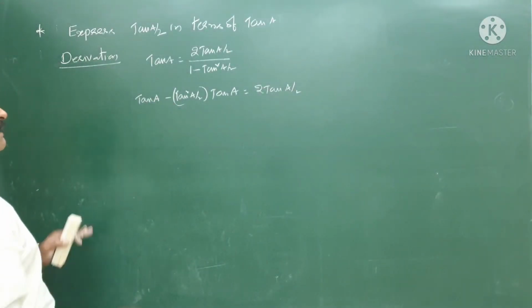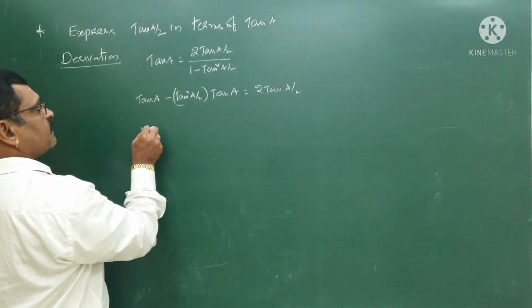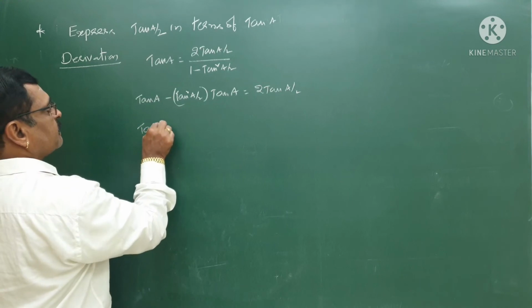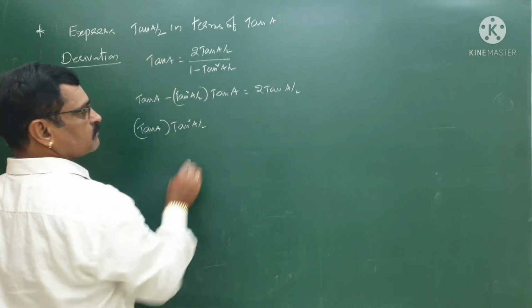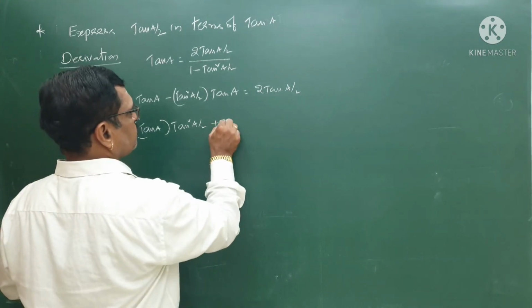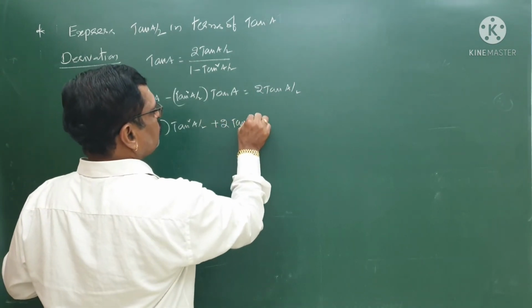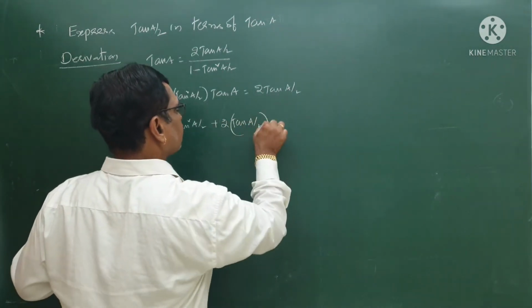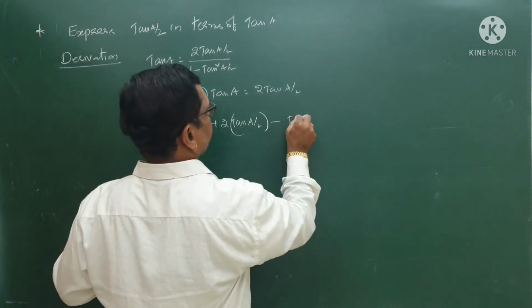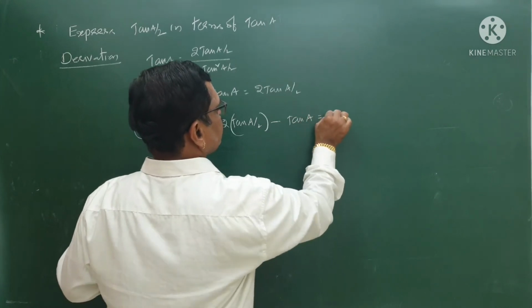Okay, now what I do, I write tan A times tan square A by 2 plus 2 tan A by 2 minus tan A is equal to 0.